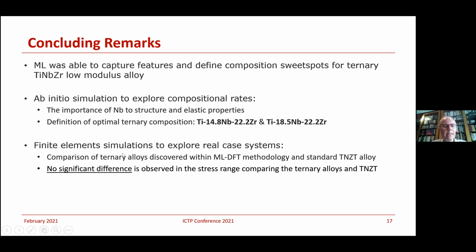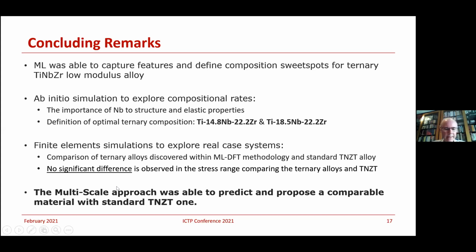And finally, the finite element simulations allowed us to explore real case systems, and you have a very good combination of the ternary alloys that you discover, compared with the standard TNZT alloy. And basically, you didn't see any significant difference between the stress response of those alloys.